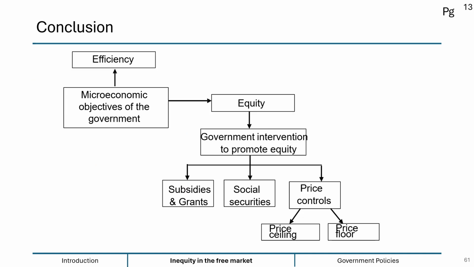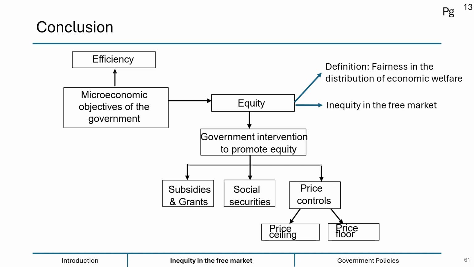Then conclusion. So back to the start, what are the microeconomic objectives of the government? First is efficiency, next is equity. So in this chapter, we are focused on equity. The definition of equity is the fairness of the distribution of economic welfare. And then we learned that there is inequity when it is left to the free market to decide what the prices of essential goods and services are. Then we looked at how the government can intervene to help promote equity.